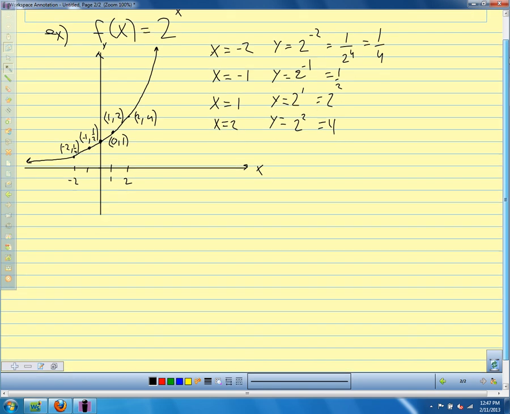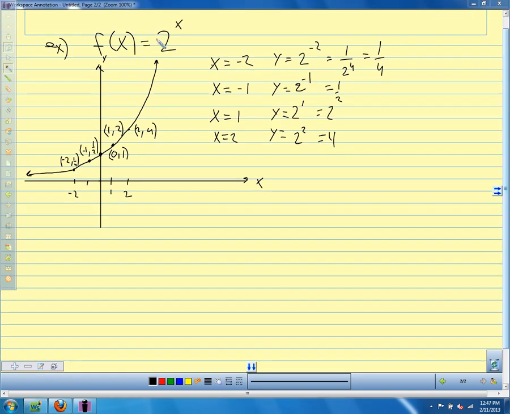And if I want to plot a decreasing exponential function where my base is a fraction, let's say f of x equals 2 to the minus x. Now it's important to realize when I have a negative exponent, 2 to the negative x is the same as, and we did this on our worksheet the other day, 1 over 2 to the x, which is the same as 1/2 to the x power.